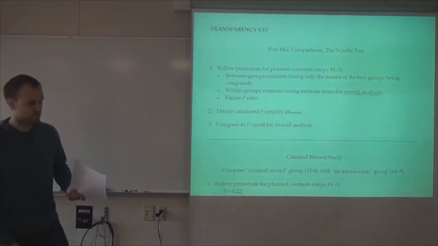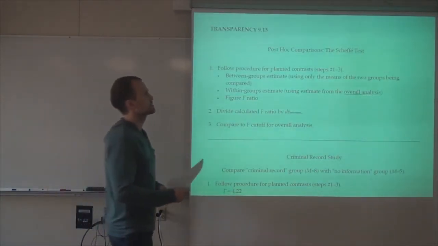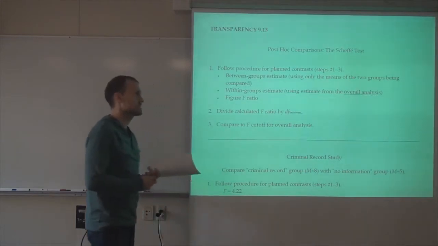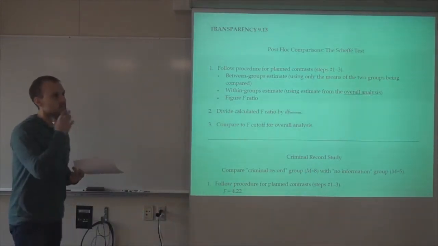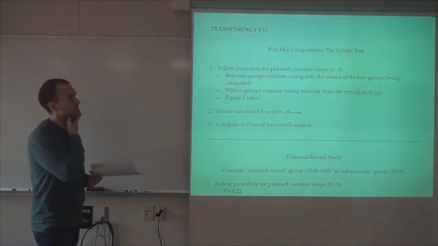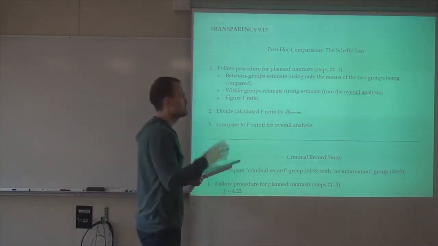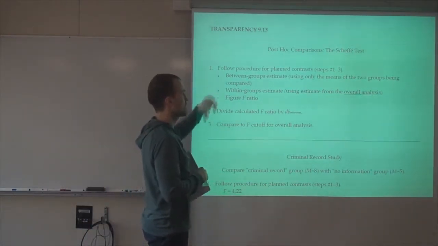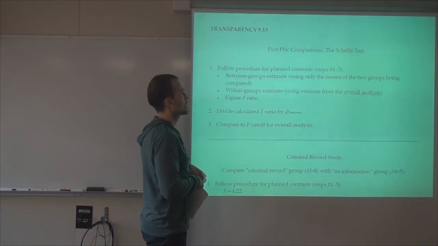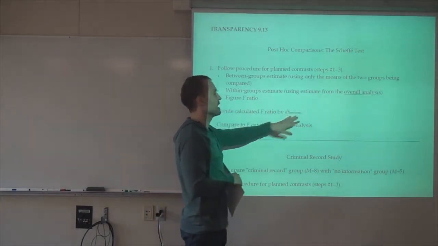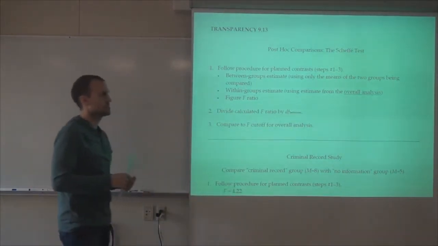The alternative is Scheffe's test that takes a different approach, that says, no, do everything the same. Do your pairwise comparison, but when you get your F ratio, divide it by the degrees of freedom.